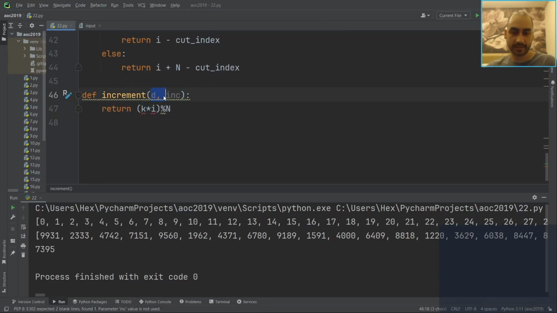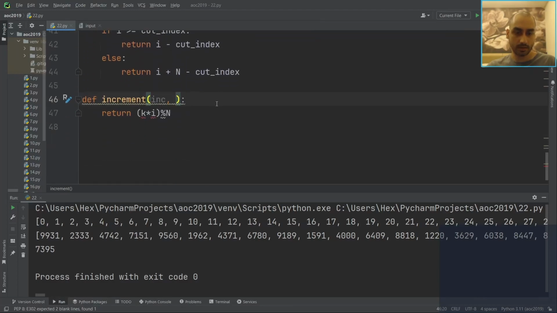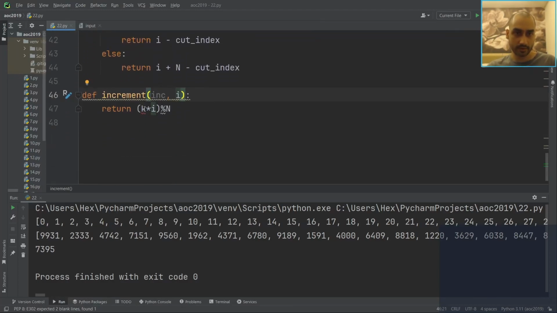That's the ink amount. And we want the index where we end up. It's going to be ink times I percent n. Yeah, it's just that, isn't it?